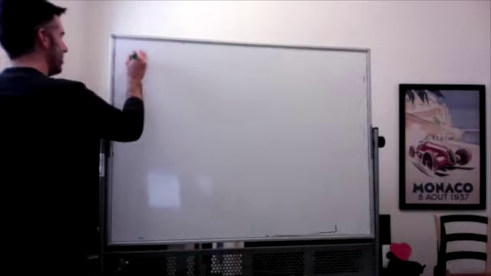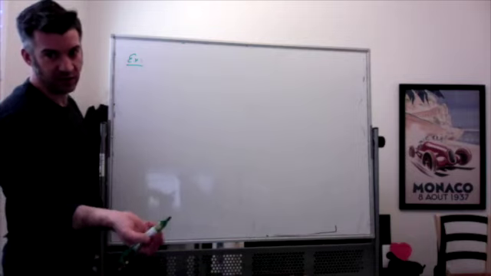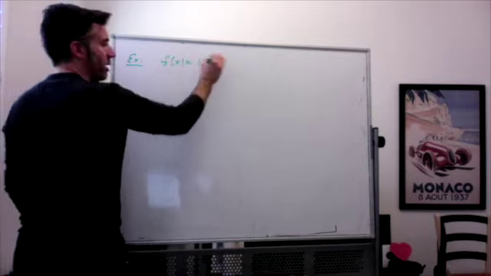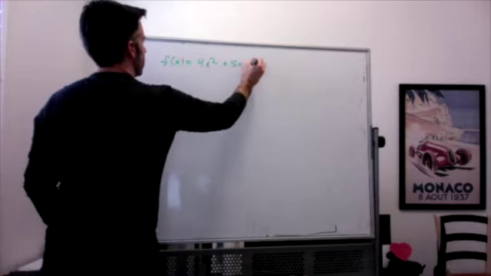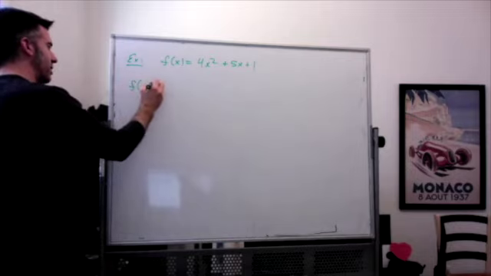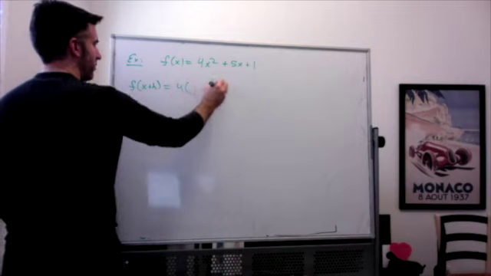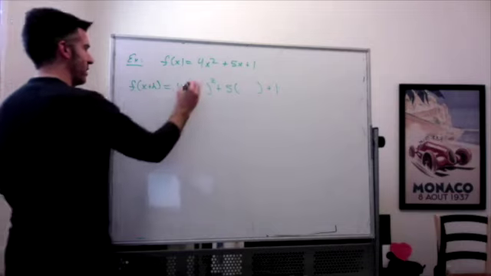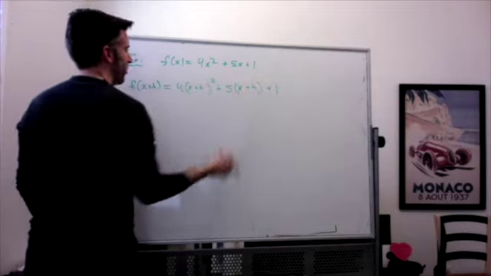Let's look at this example. Again, find and simplify the difference quotient for the function f of x equal to 4x squared plus 5x plus 1. And again, I think it's worthwhile to just write out f of x plus h right at the beginning. So f of x plus h is going to be 4 times stuff squared plus 5 times stuff plus 1. So it's 4 times x plus h squared plus 5 times x plus h plus 1.